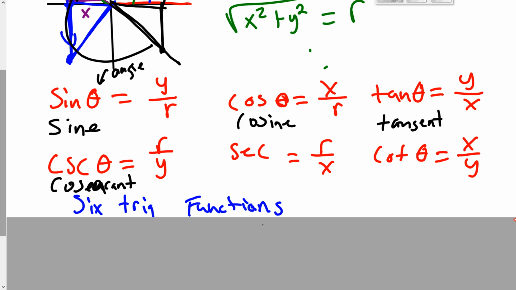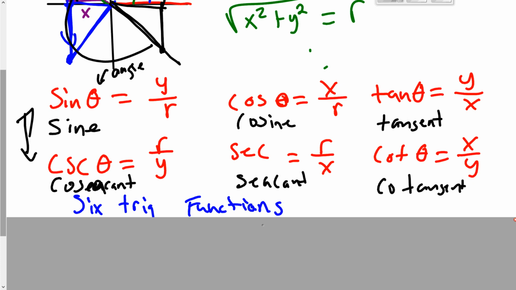Secant actually goes with sine, so these two go together. And then secant goes with cosine. So remember, when I say secant, there's a C. It sounds like C, and that goes with cosine. And then there's cotangent, and that goes with tangent.